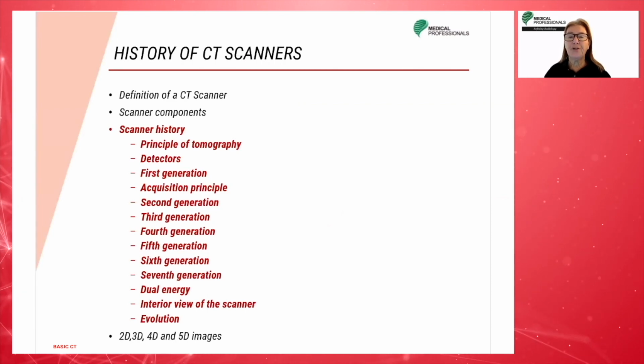Technology for computed tomography advanced very quickly after Godfrey Hounsfield's work in 1970 and 1971, though preliminary work was being researched in the early 1960s.